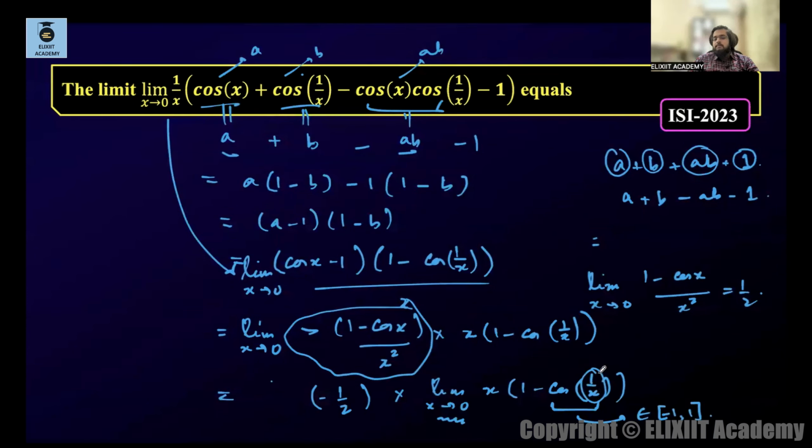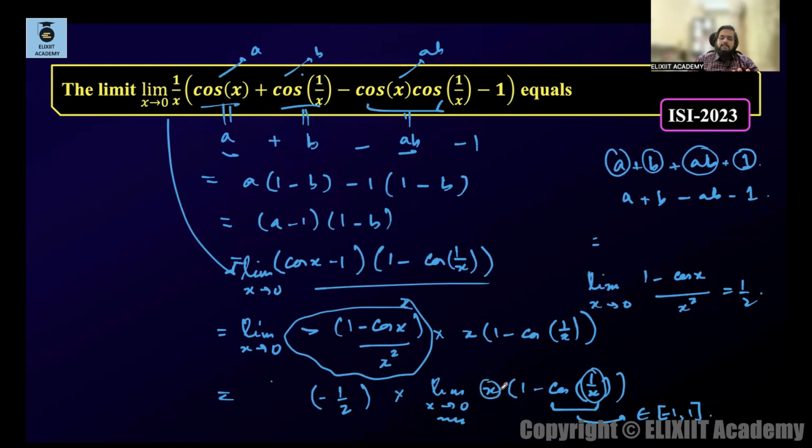So this will be a very large number, and this will oscillate between minus 1 and 1. So it's a finite oscillating number between minus 1 and 1. So 1 minus an oscillating number gives you an oscillating number as well, so 1 minus a finite number will be a finite number.